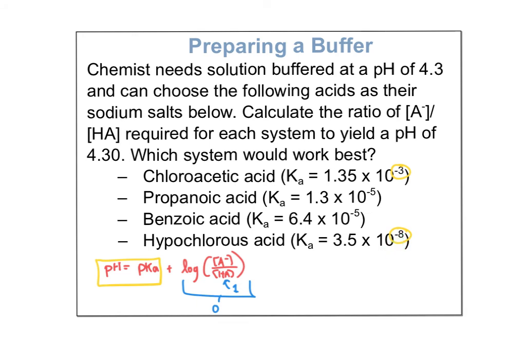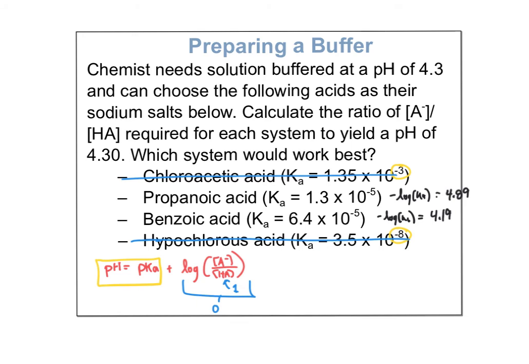So I'm going to eliminate these options because the negative log of the Ka is not going to be close to 4.3. If I take the negative log of the Ka for each of these, I get 4.89 and I get 4.19. So far benzoic acid is looking the closest.